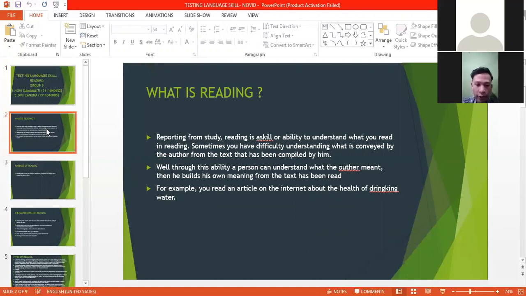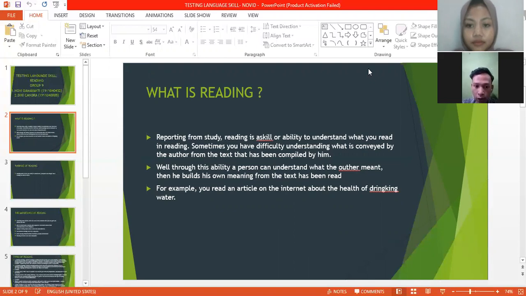What is reading? Reporting from study, reading is a skill or ability to understand what you read. Sometimes you have difficulty understanding what is conveyed by the author from the text that has been compiled by him.